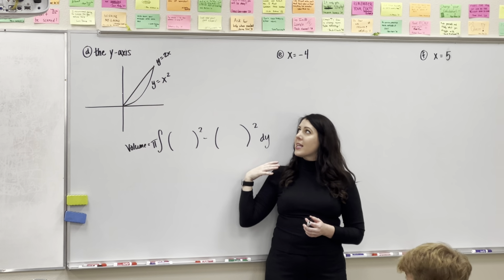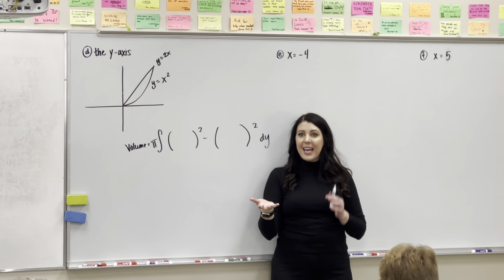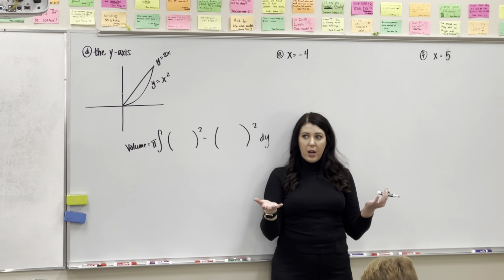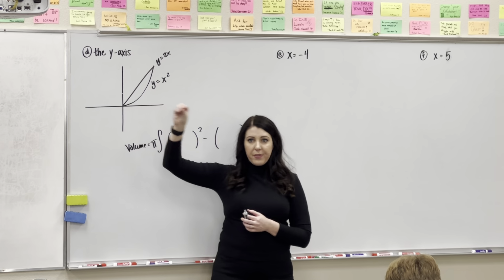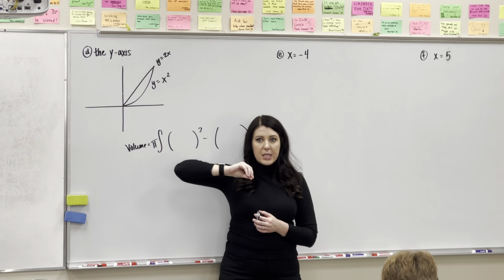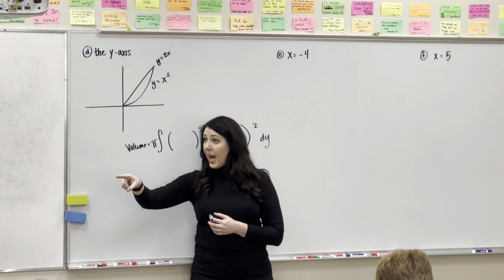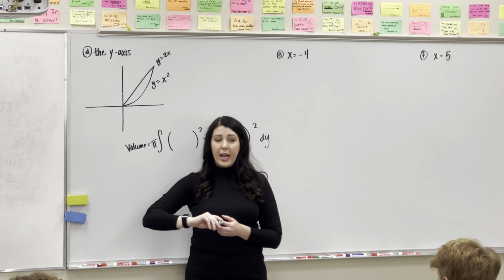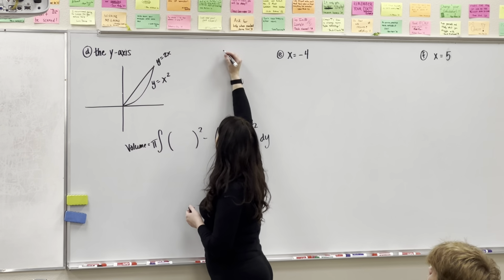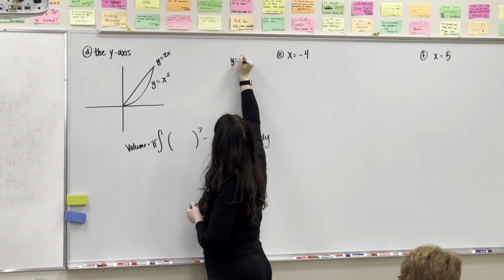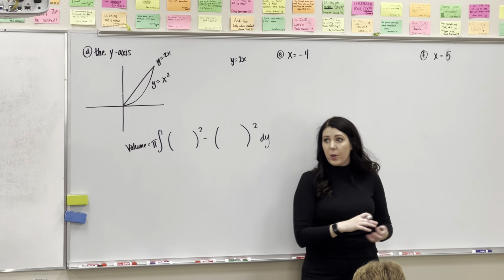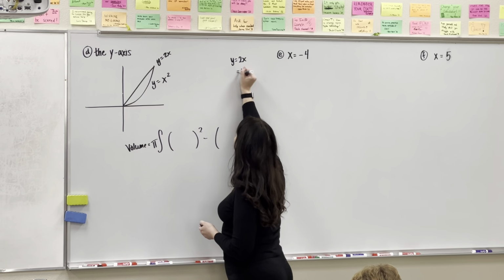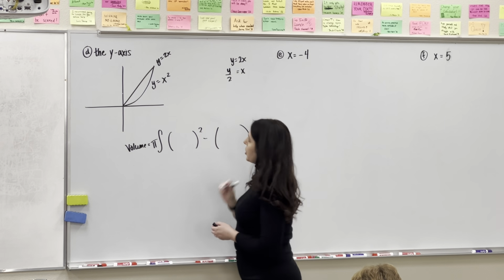Meaning my equation is not actually going to be 2x and x squared anymore. Instead of isolating the y to get something in terms of x, we're going to have to do what? Isolate the x to get something in terms of y. So you can do that off to the side. If you have y equals 2x and you isolate the x, the equation becomes x equals what? y over 2.